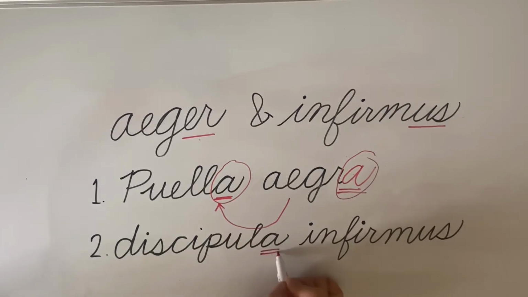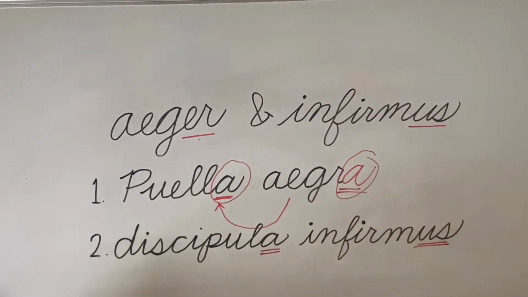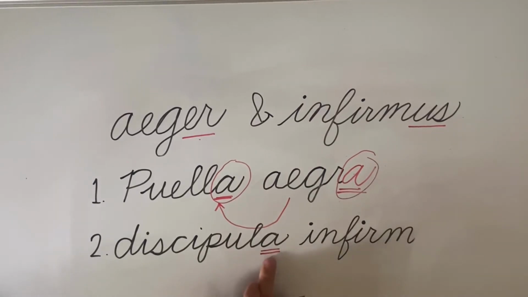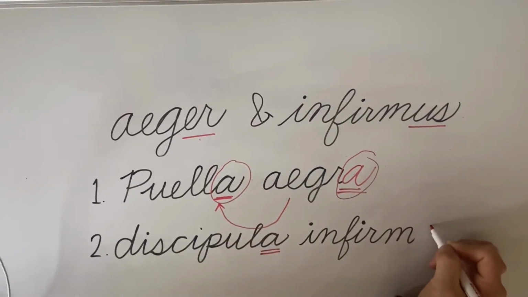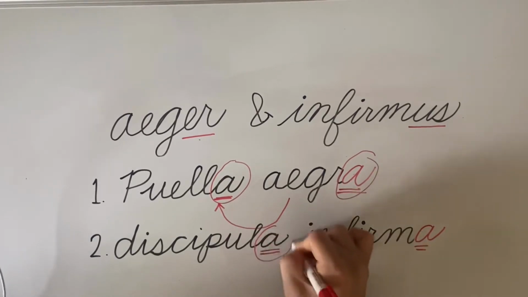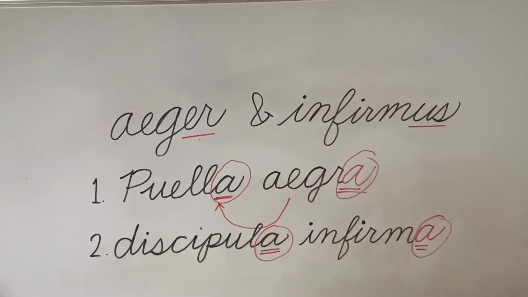A. It ends with a. But what's the ending for our adjective? Us. It's not in agreement. So what do we do? We make it the same. So drop the us ending and plug in the same ending as our noun. So infirma. Now we are happy because it's in agreement.